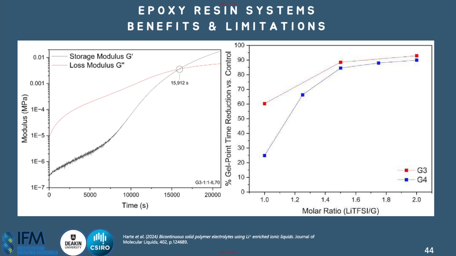We looked at the curing times and the reduction of gel point in these systems, and we found that the G3 ligand significantly reduced the gel time, or was more active in catalytic curing than the G4 system. And when we increase the lithium TFSI molar ratio in these systems, we actually got a catalytic curing rate of over 90% reduction when we went up to the 1 to 2 systems.